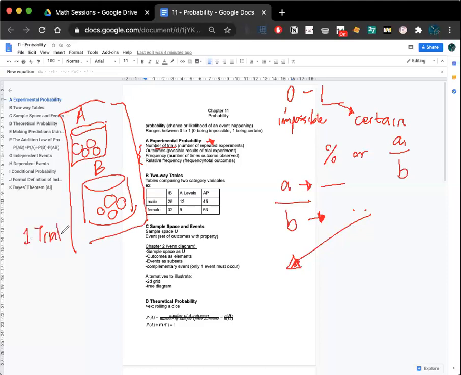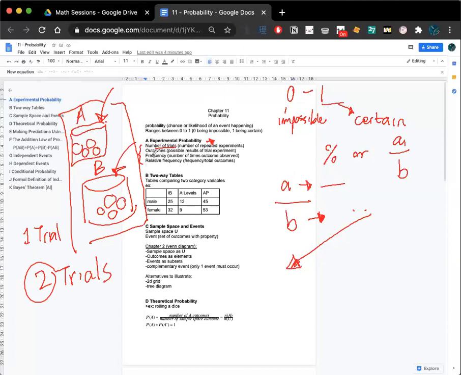Then if you ask the person to repeat the process, take one marble from bag A and then one marble from bag B, that's what you call 2 trials. So the number of trials in this case would be 2. Basically, it's just how many times you repeat the experiment.